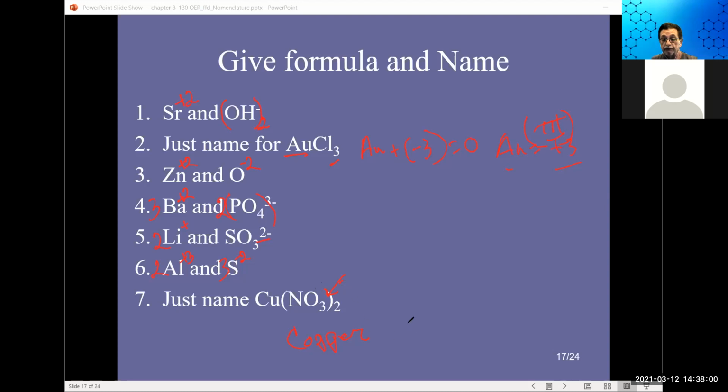So copper, and there's 2 nitrates, so we got a total of -2. And so we set up our algebraic equation, Cu plus a -2 is equal to 0. That tells you that copper must be a +2 oxidation state. So we're using Roman numeral 2 for that name. So it's copper, Roman numeral 2, nitrate.